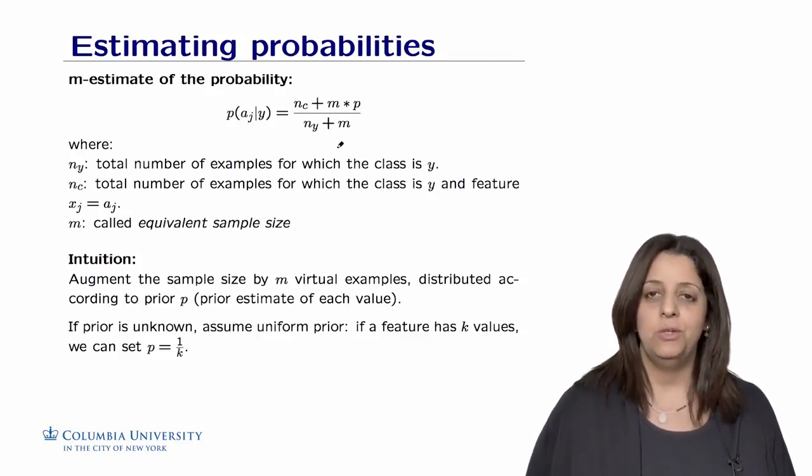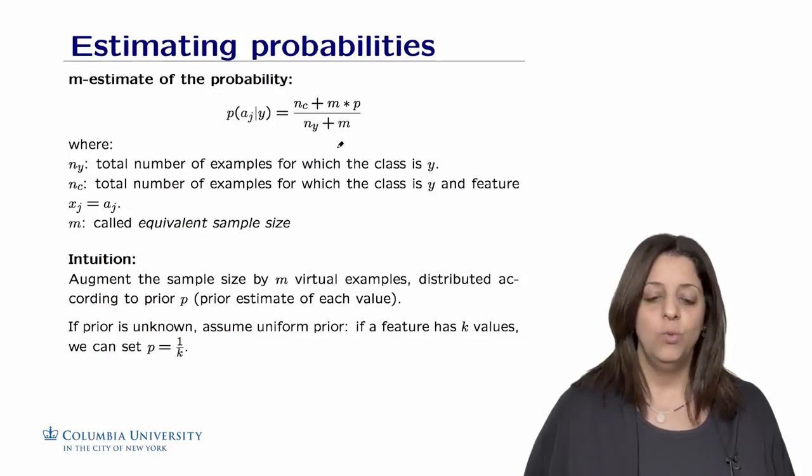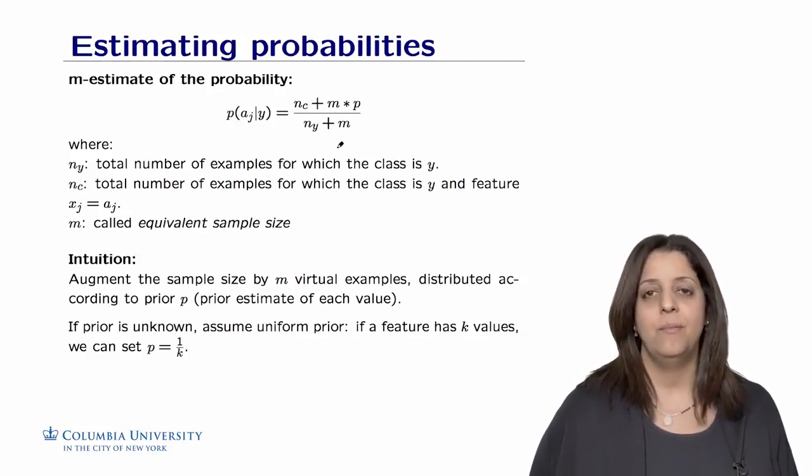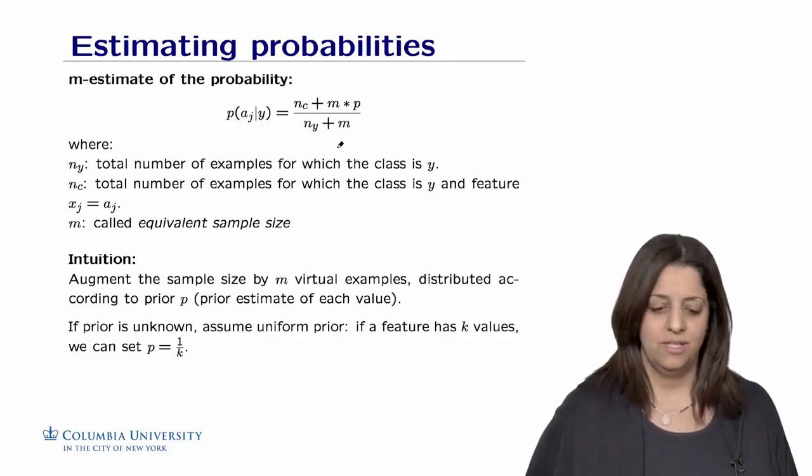We're going to add this value to avoid having 0, because if we have 0, it's going to put the whole product of the probabilities to 0.